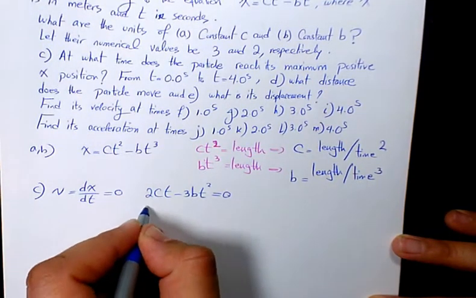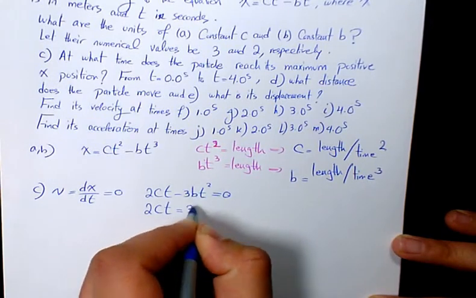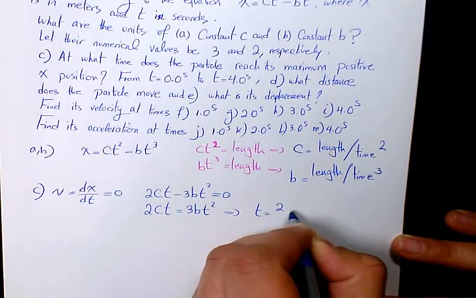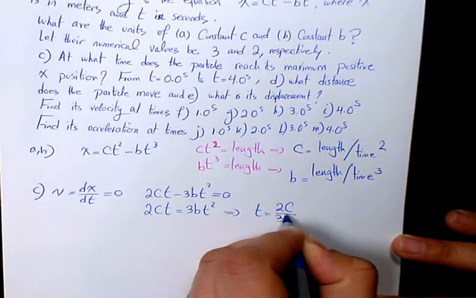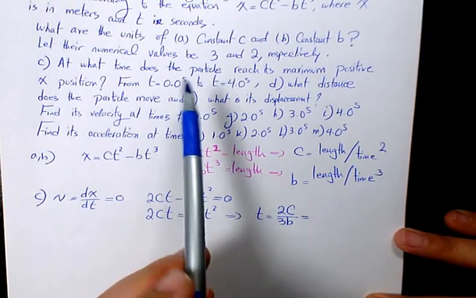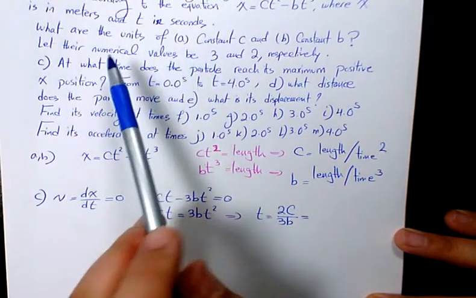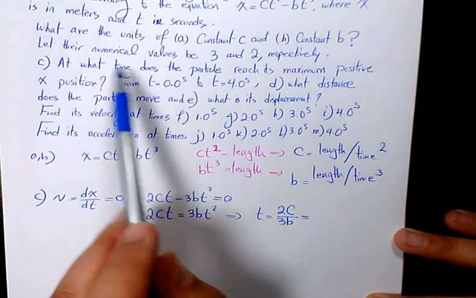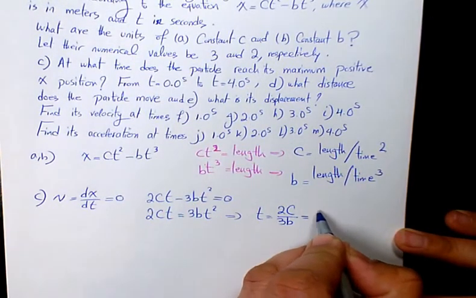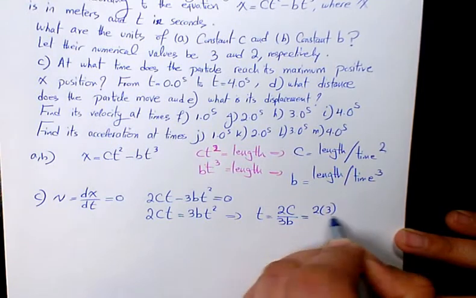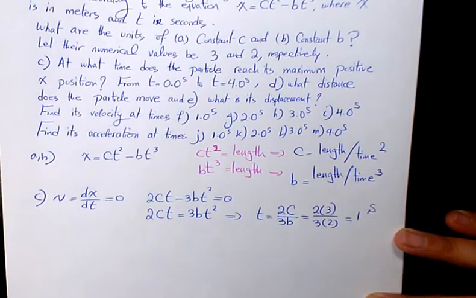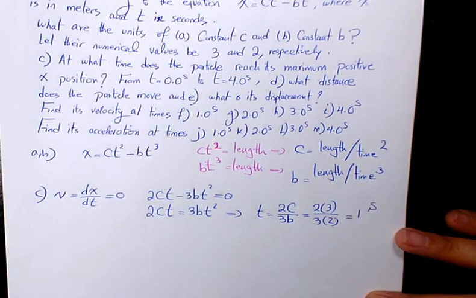So it means that 2ct equals 3bt squared, and it means that t will be 2c divided by 3b. And when the values are 3 and 2, just sub them in. So it's going to be 2 times 3 divided by 3 times 2. That makes it equal to 1 second. So that's the answer to part C.